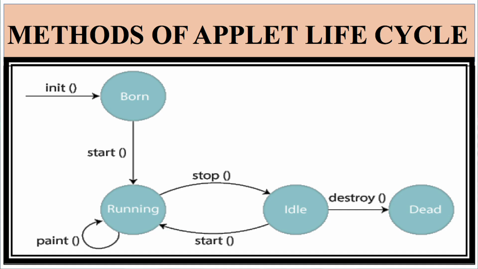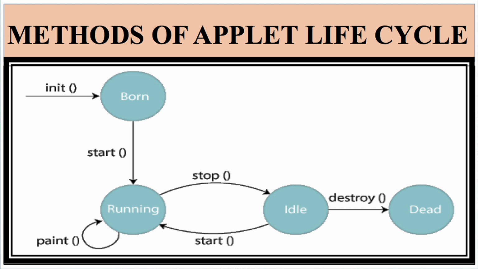By using the start function we start the applet, and then it comes to the running mode, and here in the running mode we have the paint function. By using the paint function we can execute the applet, and recursively we can execute the applet in a loop.